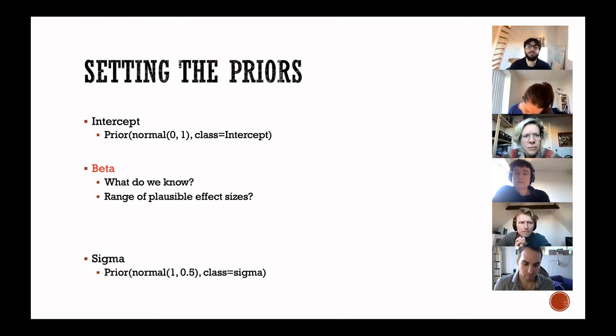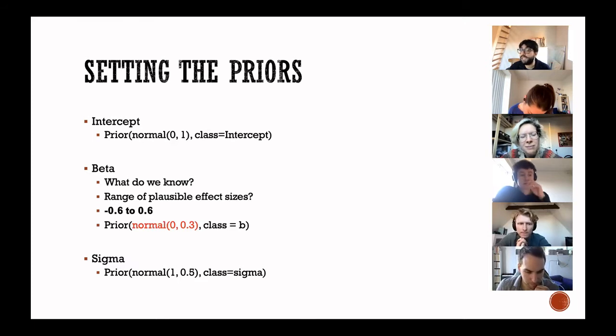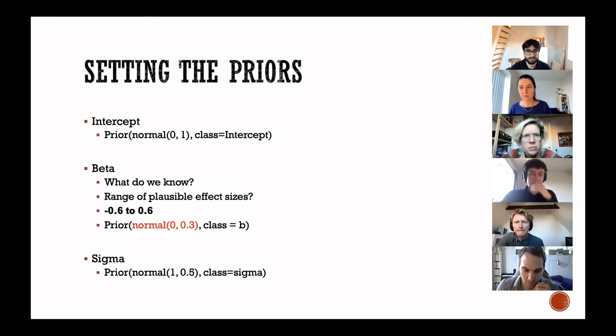So what we could say without knowing much more is that maybe a plausible range, for not being too restrictive, is between minus 0.6 and 0.6. Right? That's the kind of effect sizes that I would expect. Does that make sense?